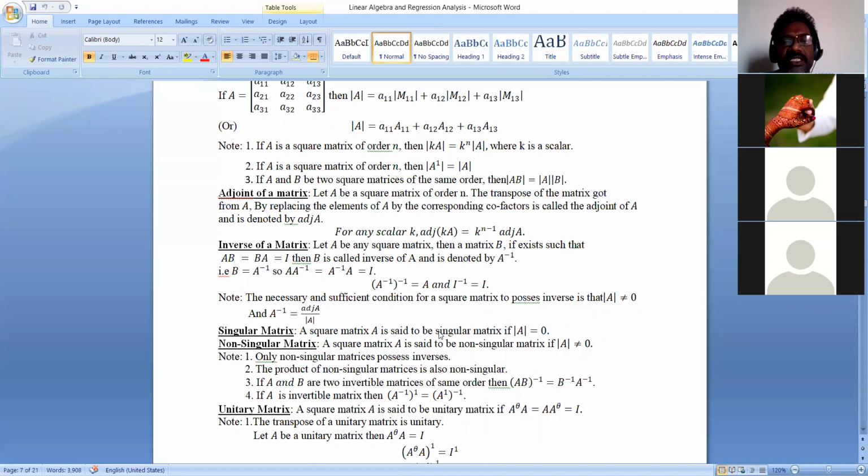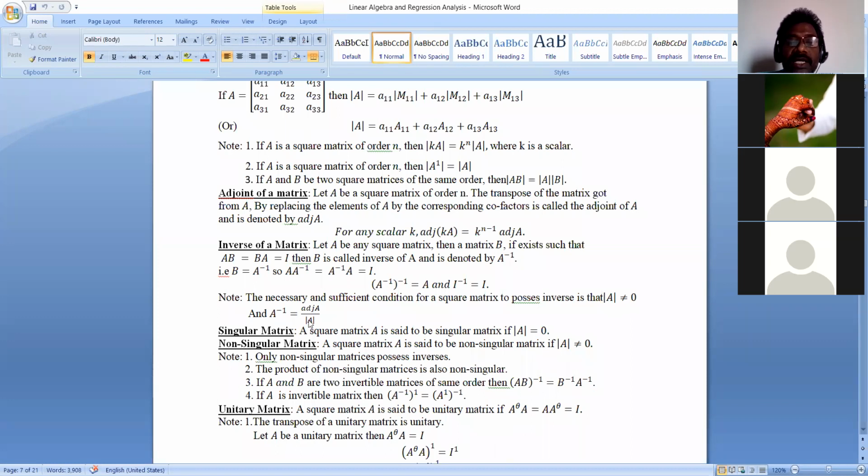If the determinant of A is not equal to 0, then the matrix is called a non-singular matrix. For determinant of A not equal to 0, we have the formula A inverse equals adjoint A by determinant of A. If determinant of A is 0, this does not exist.